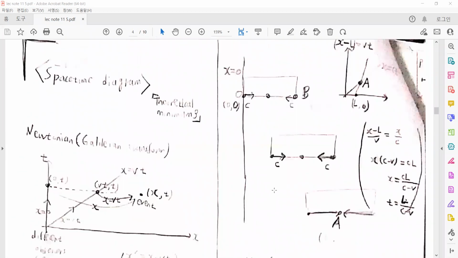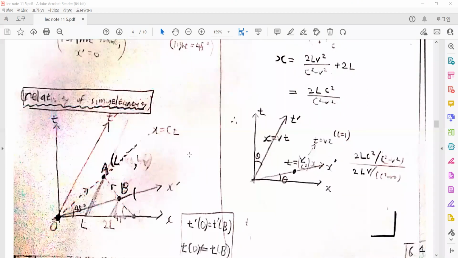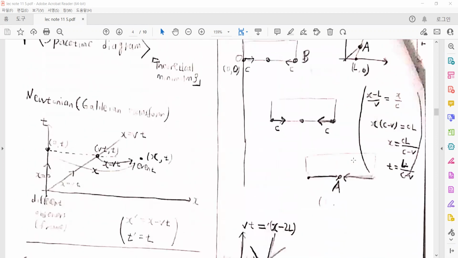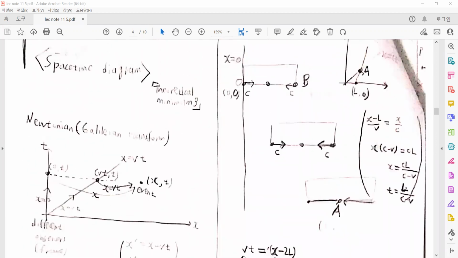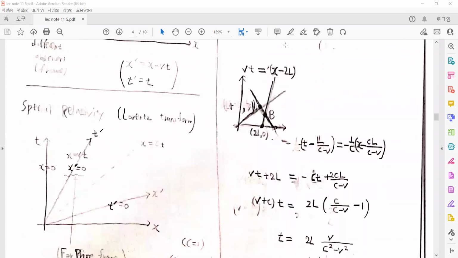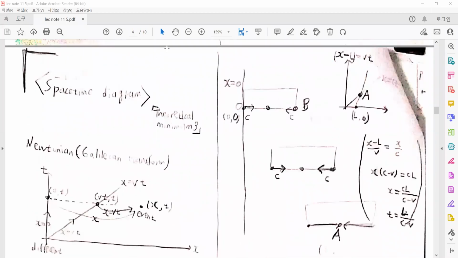So that is the relativity I already explained, and we can assign an algebraic relation to these lines in the space-time diagram with very simple elementary algebra, just a linear line. So first of all, we can find the point A as the intersection of two lines.